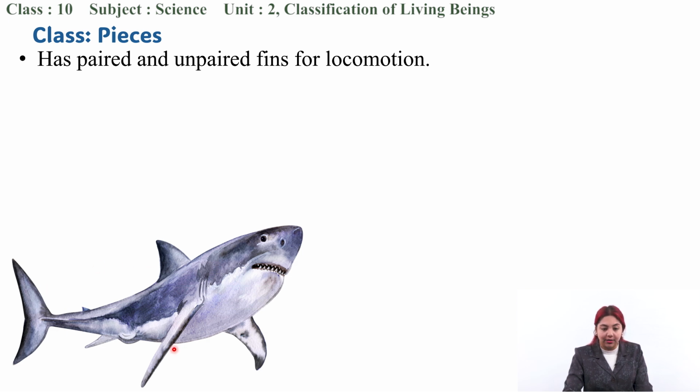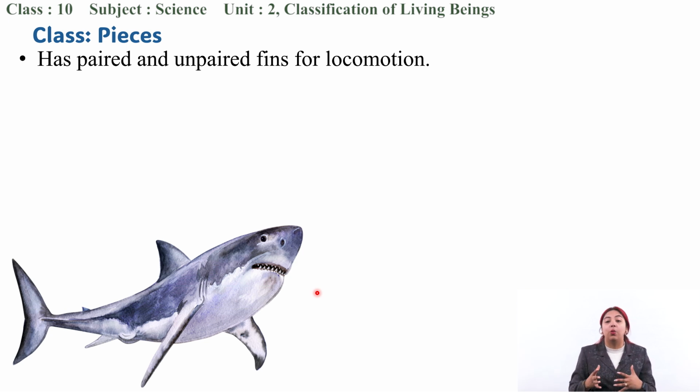When you look at this pectoral fin, you can see that it is paired. This is a paired fin, and this is the pelvic fin, which is also present on the other side. Now, this protrusion is not a fin, it's the clasper. Clasper is the male reproductive organ of the shark. So, this is a male shark, and it has paired and unpaired fins as well.